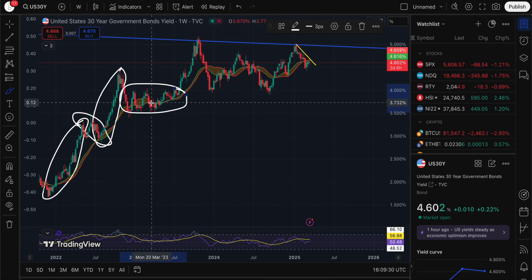Now, this holding pattern right here was a result of bond market participants really pricing in the possibility of rate cuts, all the while the Fed was hiking rates.